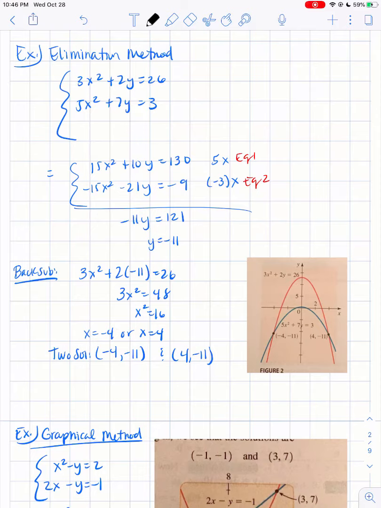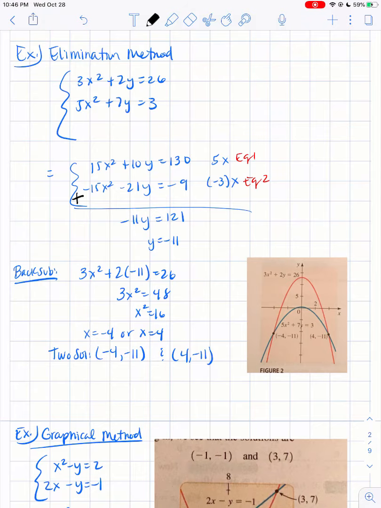So I have 15x squared plus 10y equals 130 and negative 15x squared minus 21y equals negative 9. I'm going to add. When I add these, the x squareds cancel out and I get negative 11y equals 121.